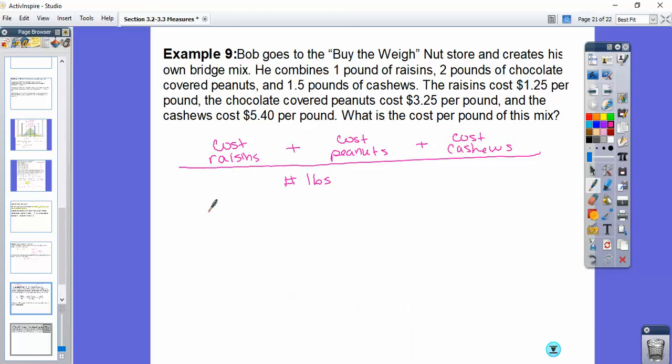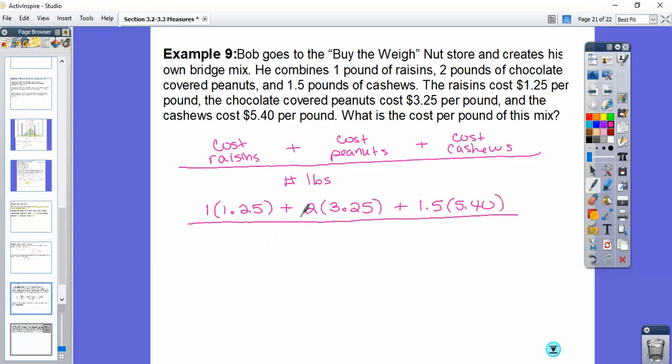So when I'm looking at this, my raisins, I had 1 pound of those and they cost $1.25 per pound. Peanuts, we have 2 pounds of peanuts, and how much do the peanuts cost? $3.25. Plus I have the cost of cashews. So we had 1.5 pounds of cashews, and they cost $5.40. We want to divide by the number of pounds.